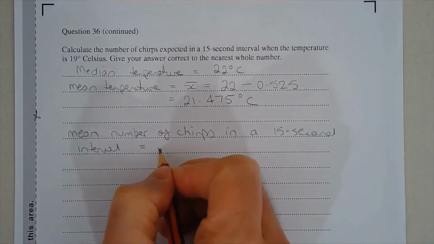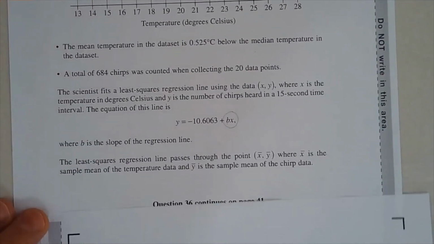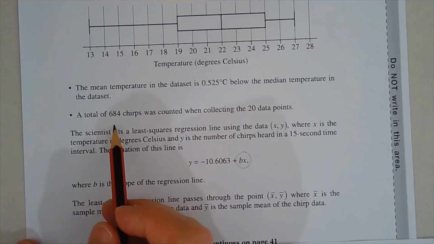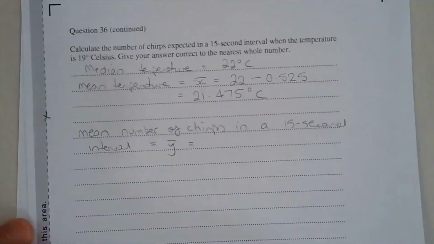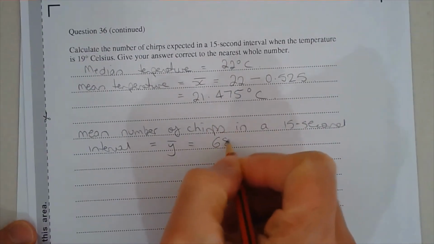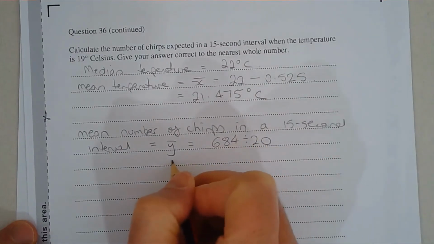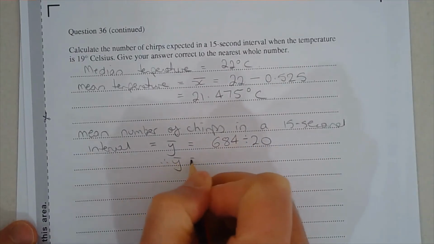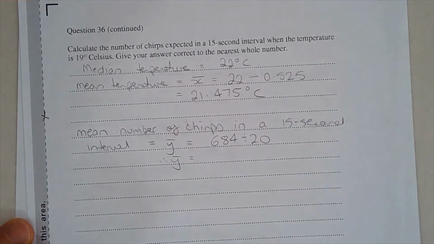That's in fact equal to y bar, which is equal to 684 divided by 20. So 684 divided by 20, and we get 34.2.